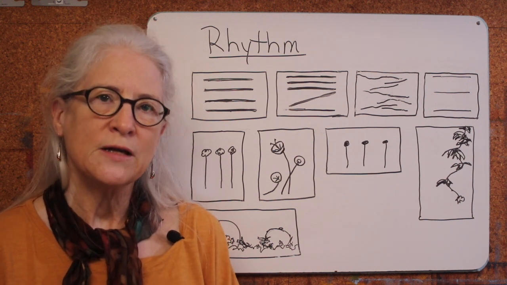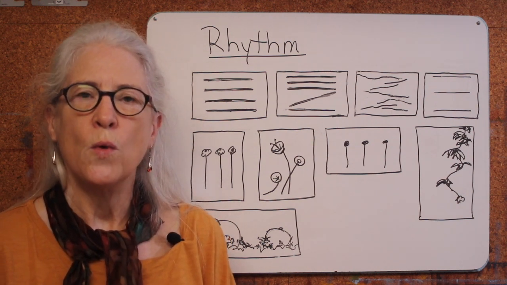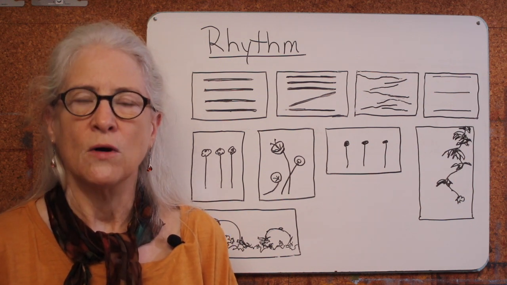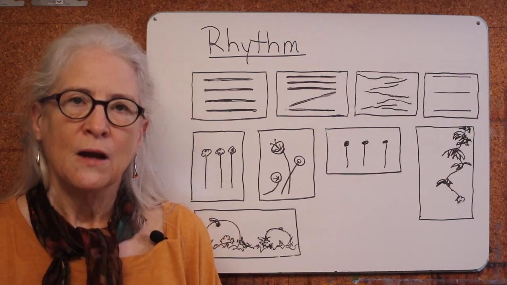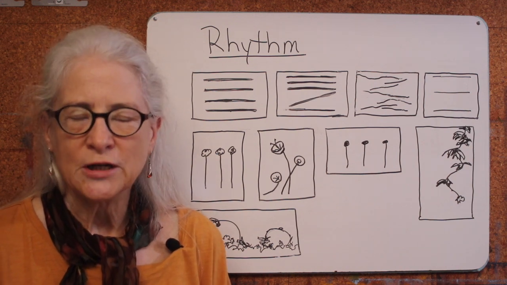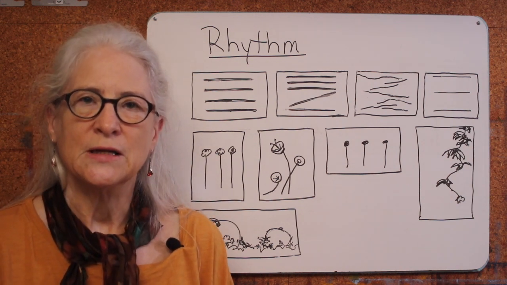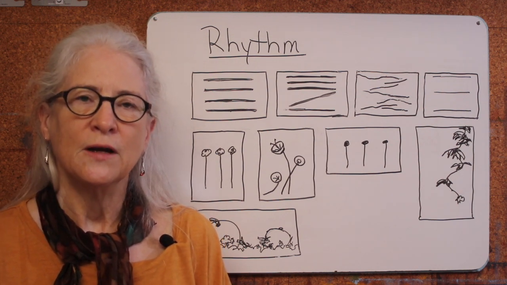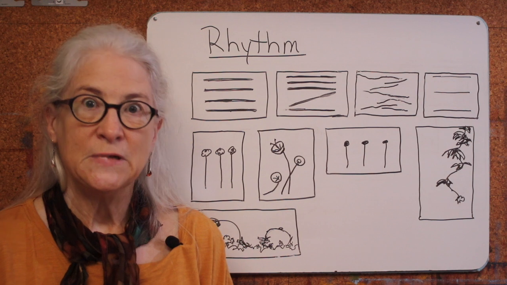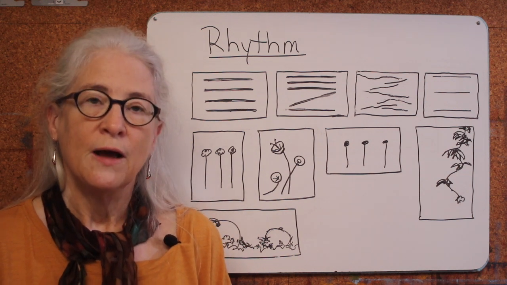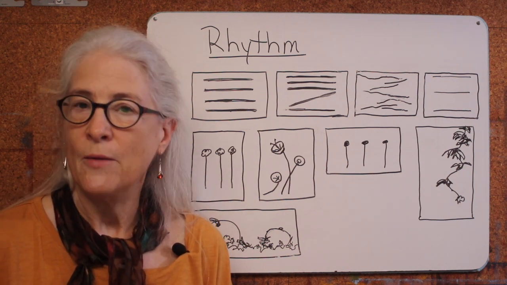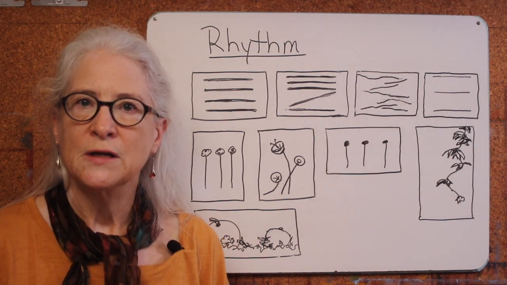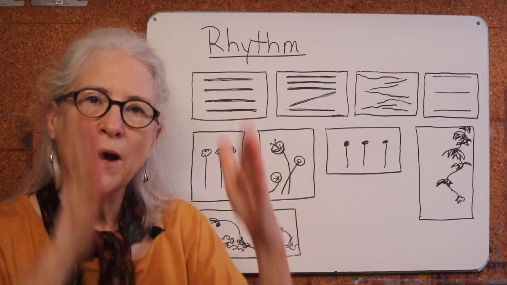And that's in some ways very similar to what we're dealing with when we're trying to create rhythm within our composition. Yes, we can certainly have things that are equidistant, that are peaceful, calming, but if you're wanting something different, then you're going to want to make sure that you have an uneven amount of shapes, that you have curves, things that aren't parallel.